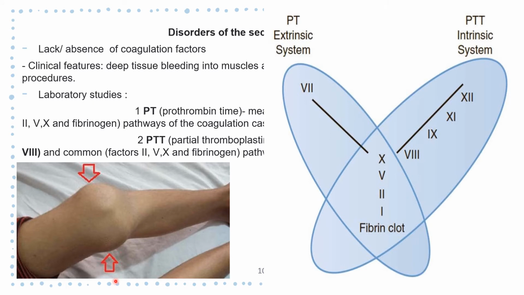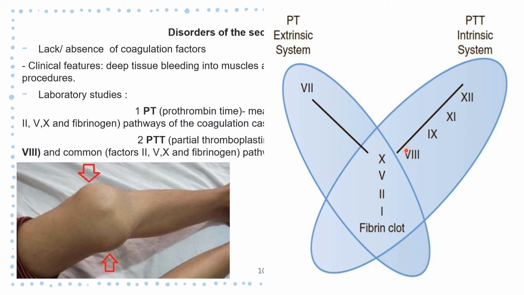On this scheme, you can see two systems: the extrinsic system and the intrinsic system of secondary hemostasis. If the extrinsic system is impaired, then prothrombin time will be increased, and if something happens with the intrinsic system, then partial thromboplastin time will be increased.